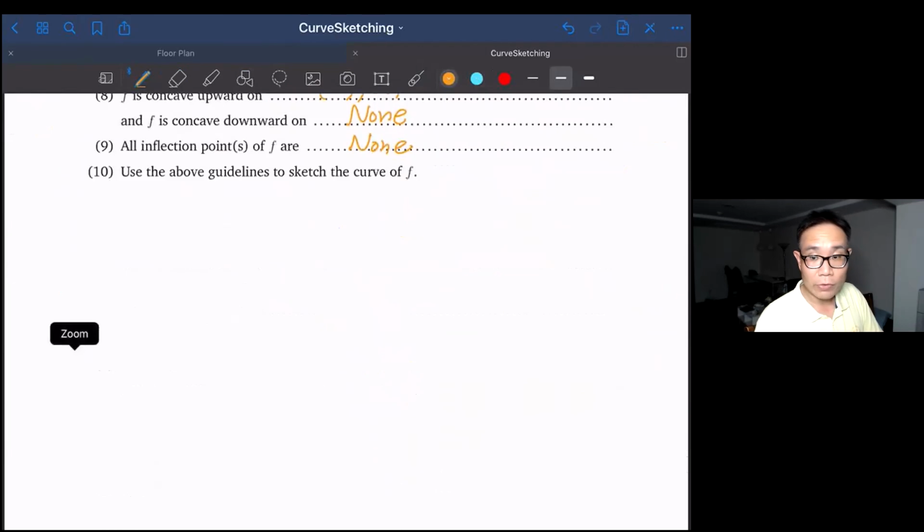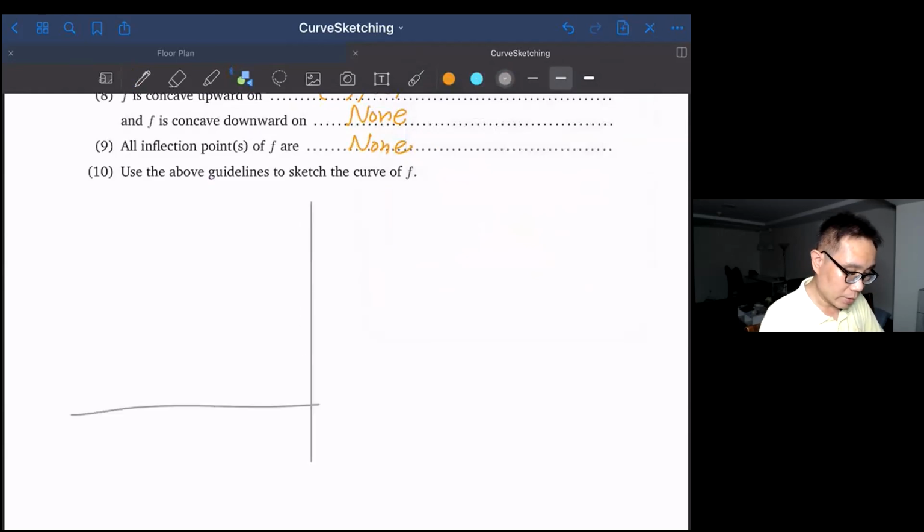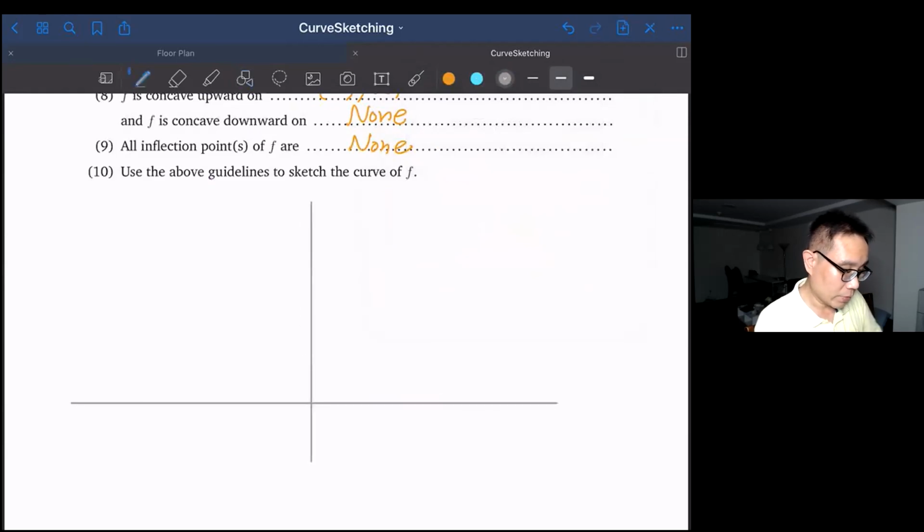So for this one, you're gonna have the x-axis and y-axis. Okay, so you have x and y. So you have the domain. You're gonna begin at -3.